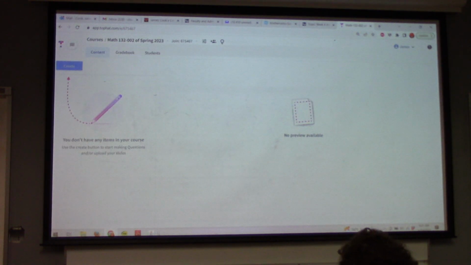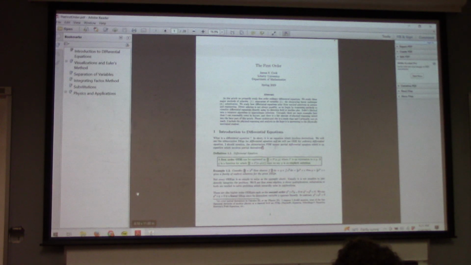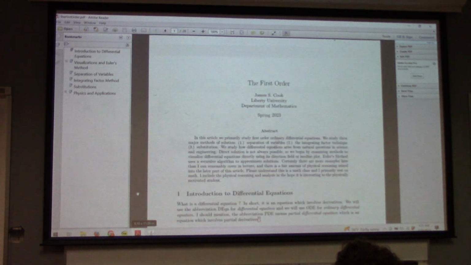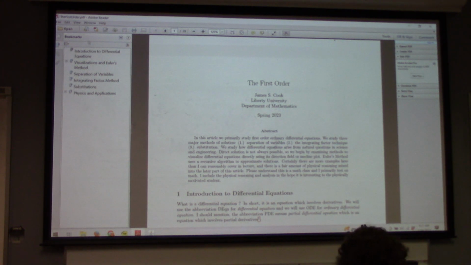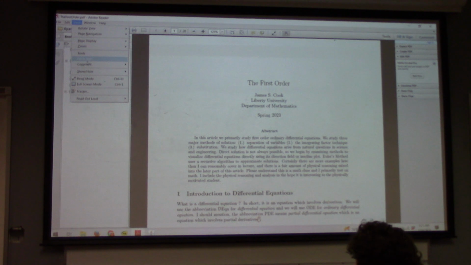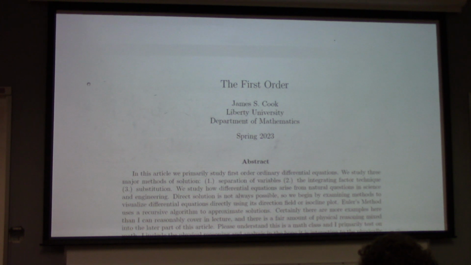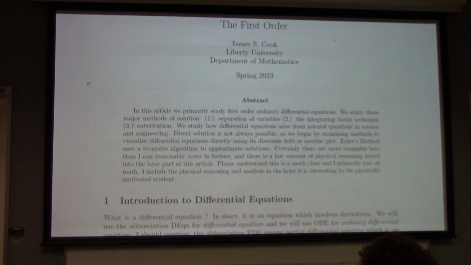All right, so you put this nonsense away. Let's see here. So we are now into differential equations. I would remind you, if you didn't know already, that I follow these articles. I've called them articles. They're basically chapters in a book I haven't quite published.